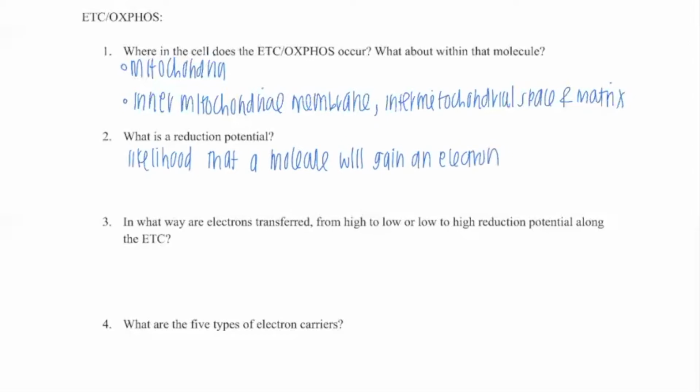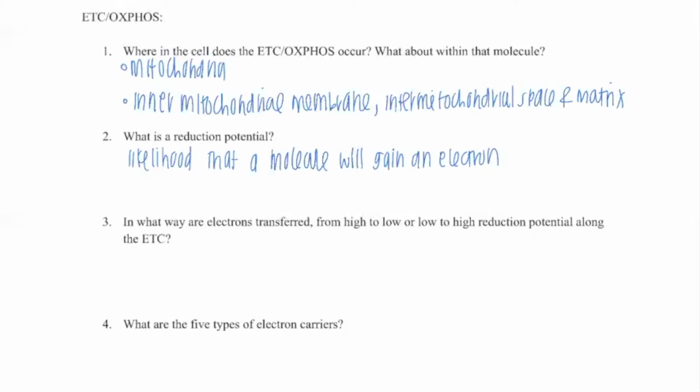right? So in this case, if we're talking about reduction potential, you should know what it means to have a low and negative reduction potential value versus a high and positive reduction potential value, all right?